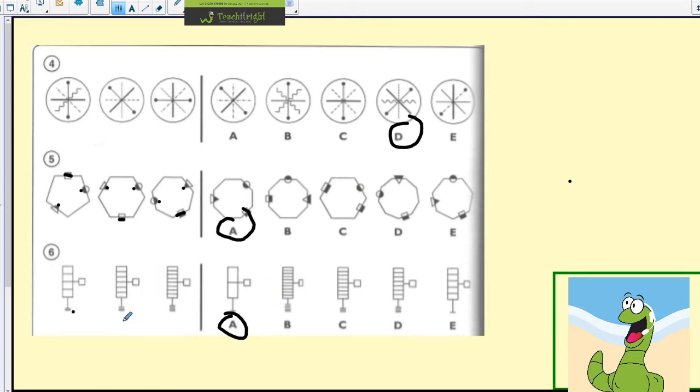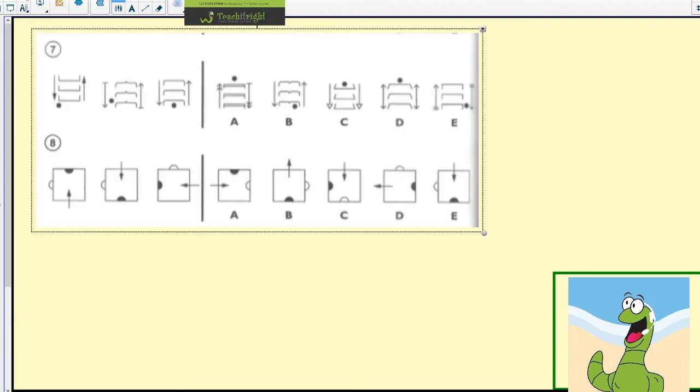It's hopefully a little clearer on your version rather than my photocopy. But in this case, the reason it's A is because we have 2 sections, so 2 lines. Sorry, half the number of sections. So in this case, it's 2 sections, so it's 1 line. That makes more sense. So it's slightly less clear on these, but it's always half the number of sections it's divided into that is equal to the number of lines.